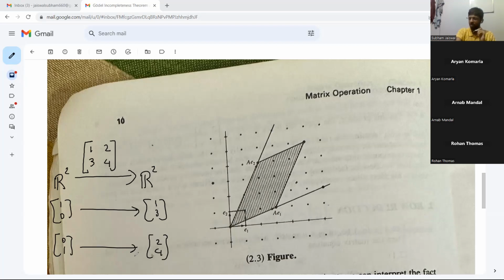But this is a function from R2 to R2. So what this diagram is saying is this E1, which is 1, 0, is the input, and the output is also drawn in the same picture. This AE1 is the output, 1, 3.